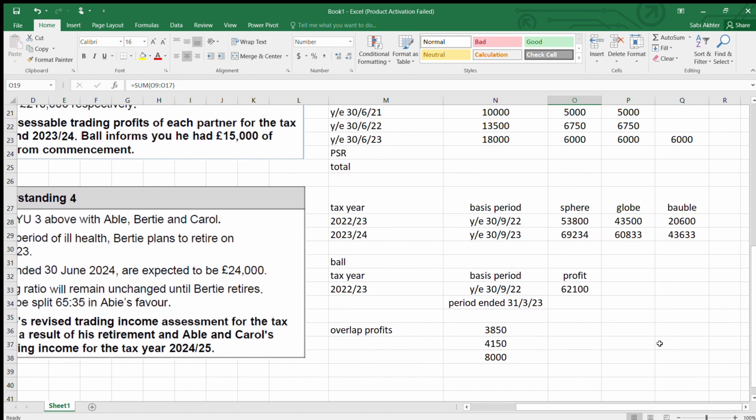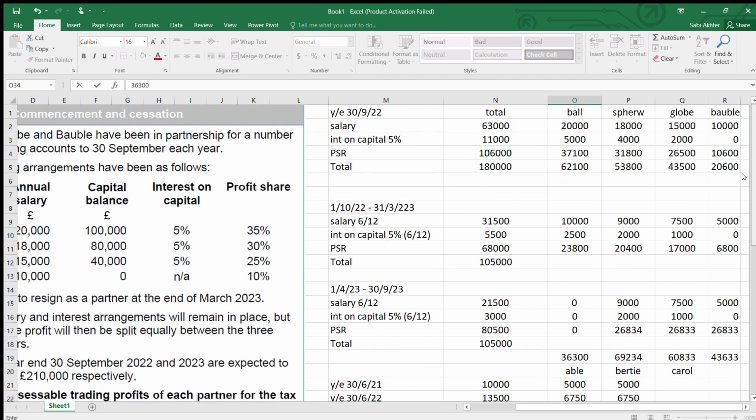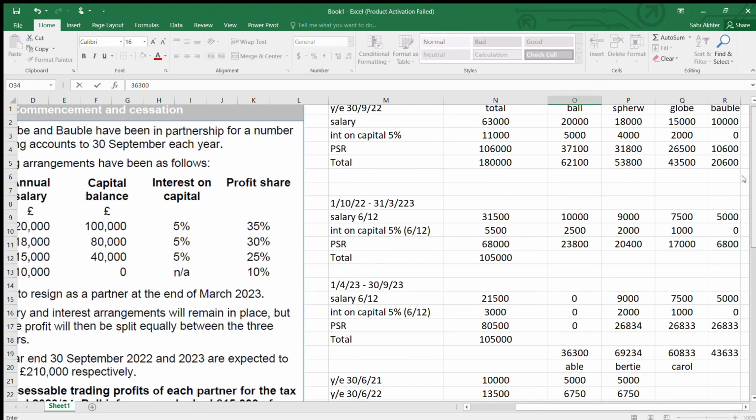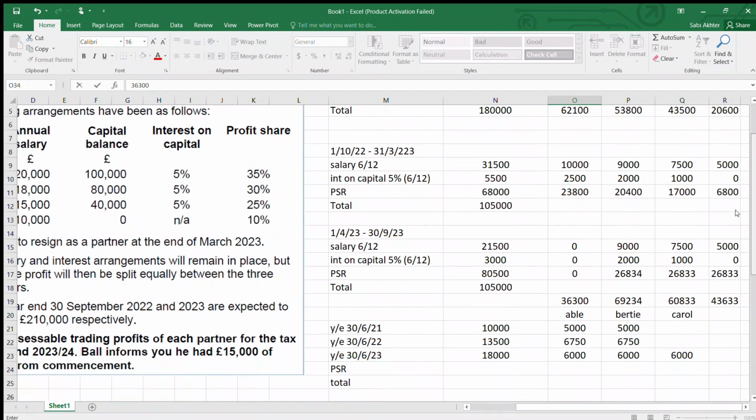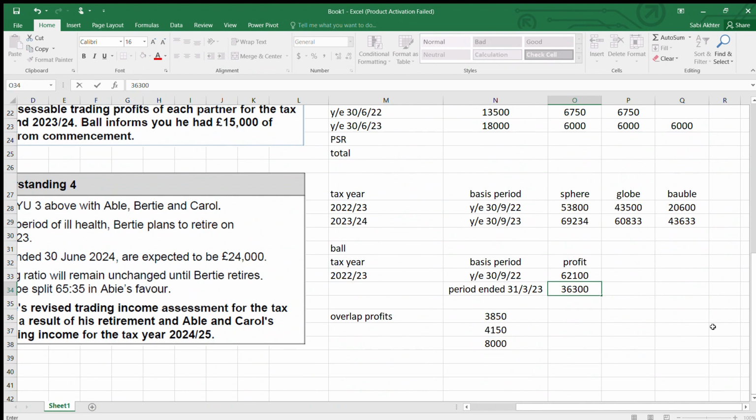Okay. Then add both and deduct the overlap profit of 15,000. They have given you here, you see, this is the overlap profit. Apply the sum function, enter. You see, this is the trading profit for Paul.